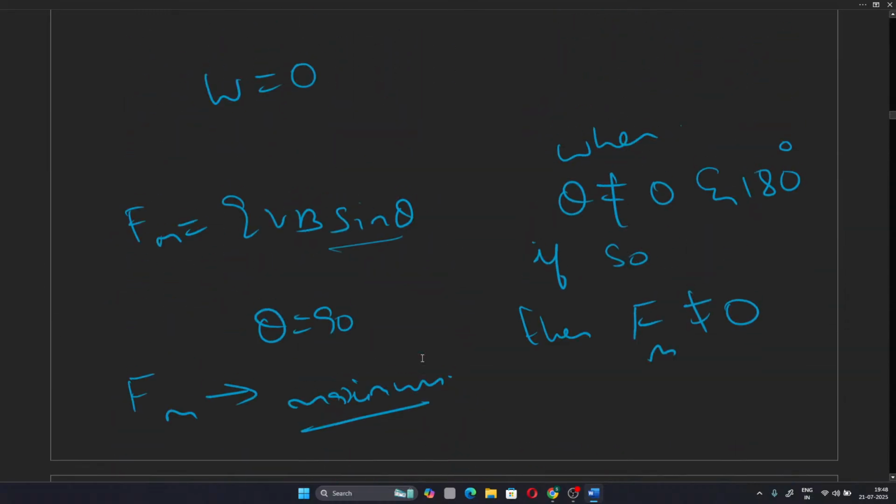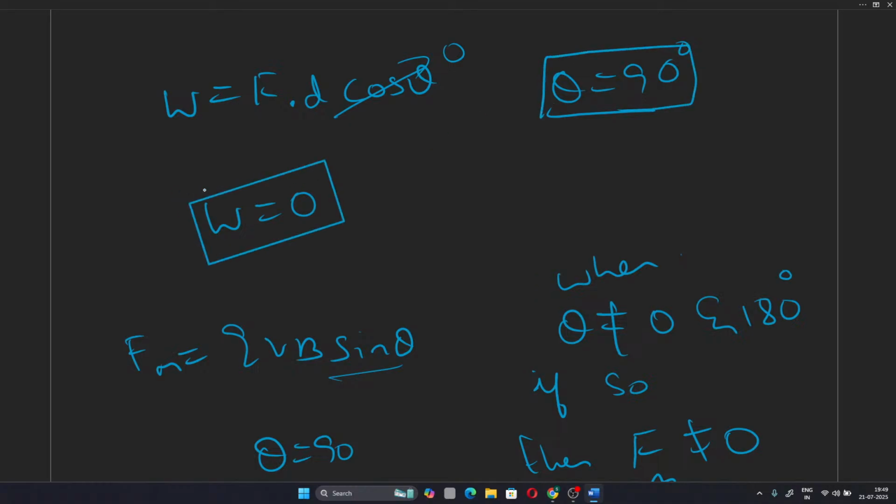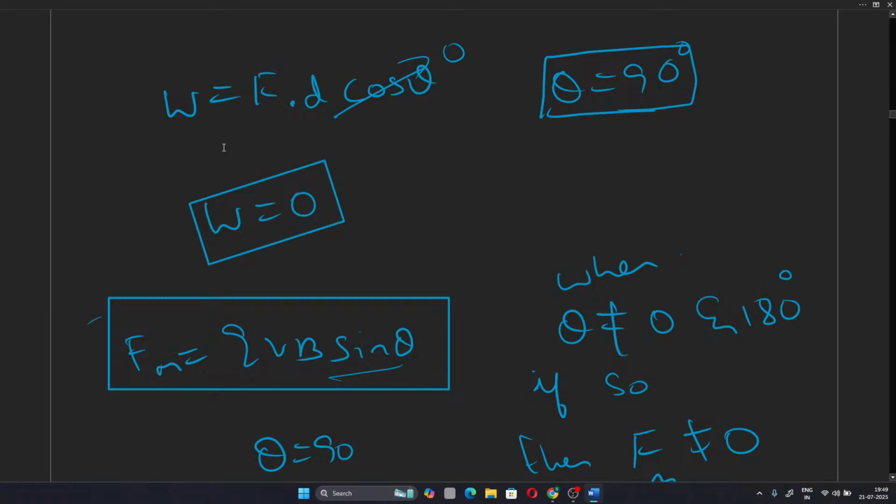We saw that work done equals F d cos theta. When theta equals 90 degrees, this becomes 0, so work done will be 0. And we saw that the magnetic force acts only in the sine theta component.